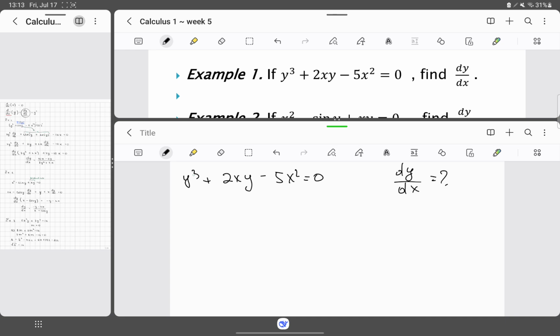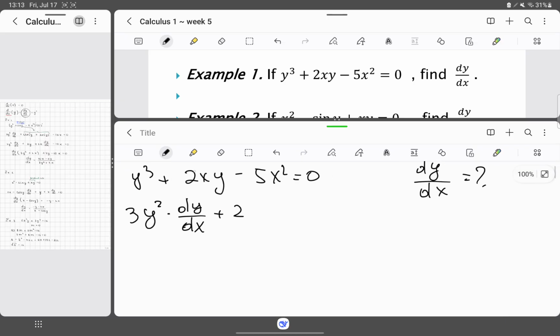The derivative of y to the power of 3 will be 3y squared times dy over dx, isn't it? Plus 2xy. What is the derivative of 2xy? That is a product rule. So I'll do 2 times xy.